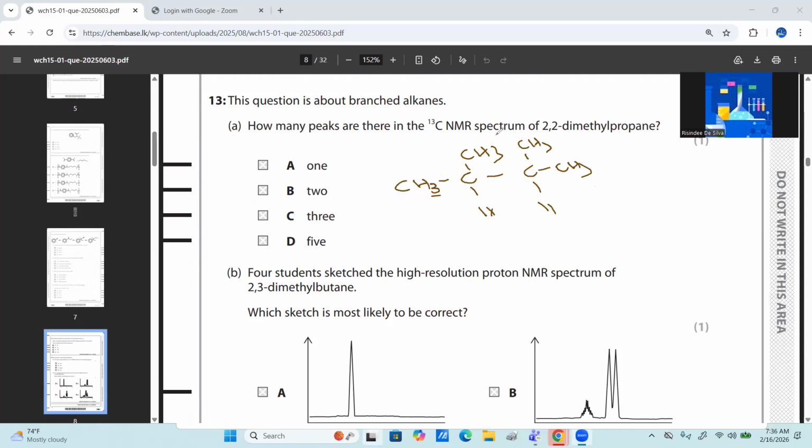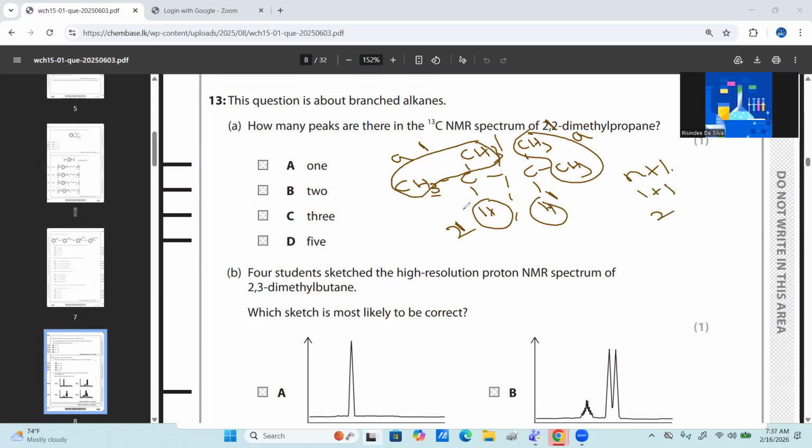If you draw the structure, you can see these are connected to this one. Both of them will have one chemical environment, and there's another hydrogen too. So here also you can see the same thing, right? Then if I apply n plus 1 for A, you can see that there's only one adjacent hydrogen. So 1 plus 1, it's a doublet. And you take B, n is 6 hydrogens, right? Plus 1, it's a septet. So the correct answer should be B.